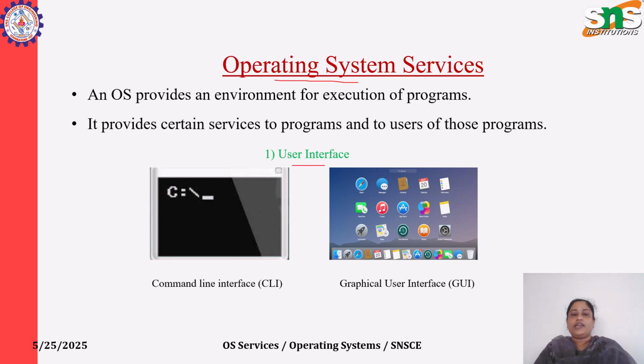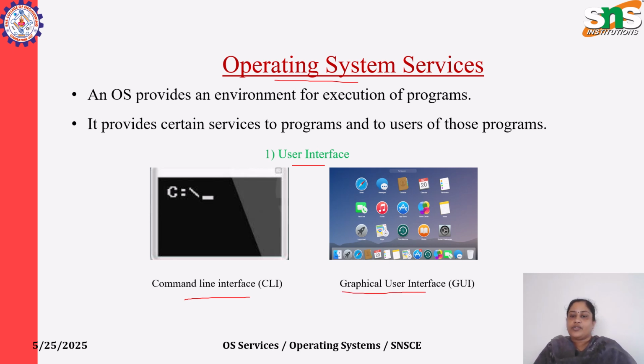When you take an operating system, it provides an environment where programs can be executed. It also provides services to programs and to the users of those programs. So the first service is user interface. A user interface is of two types: one is command line interface and the other is graphical user interface.